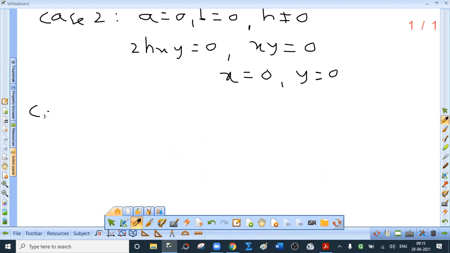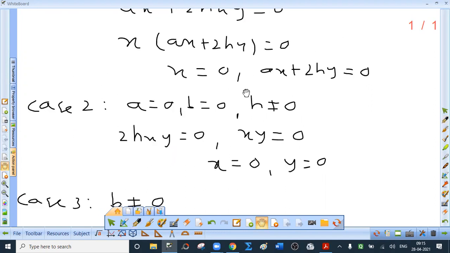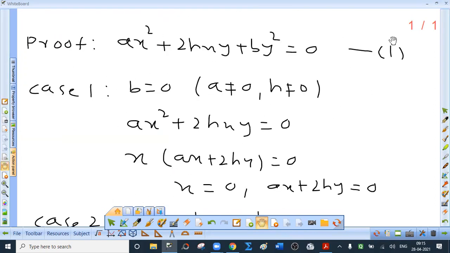Now, the third case is important. Here I am considering b not equal to 0. So if b is not equal to 0, I can divide throughout by b. I'm talking about this equation. We are going to divide equation 1 by b because we are considering the case in which b is not equal to 0.